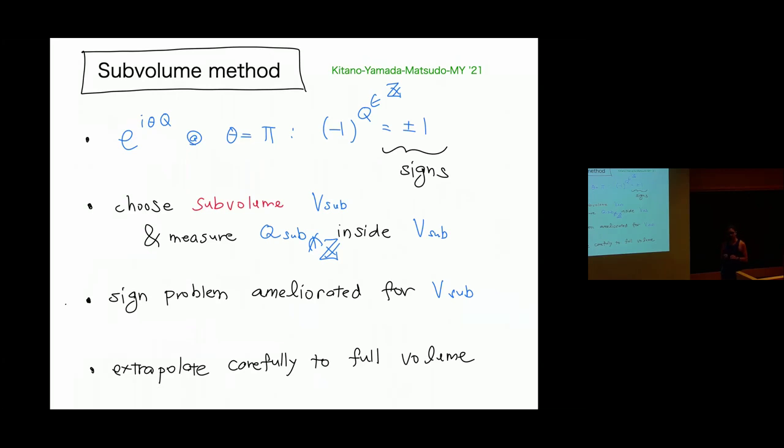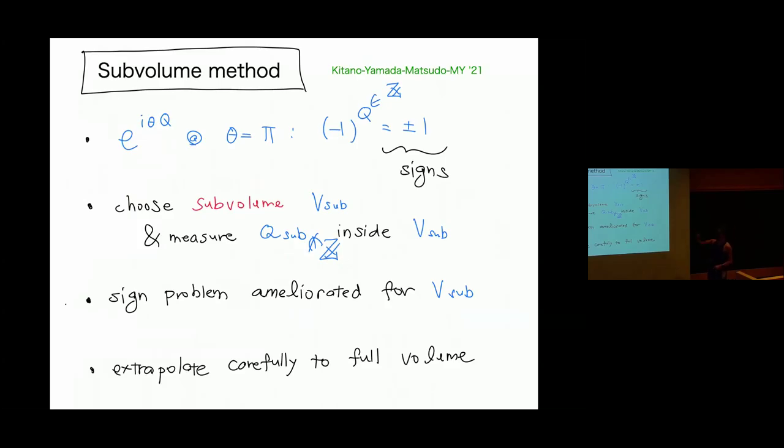Now measure the topological charge density only in some regions, not in the full region, say half of the regions. And then measure the charge in that region, which is not an integer, because it's part of the region. And the fact that it's not integer makes things good, at least better.